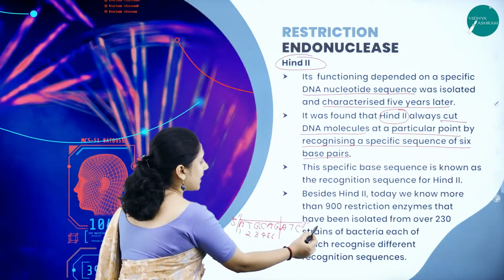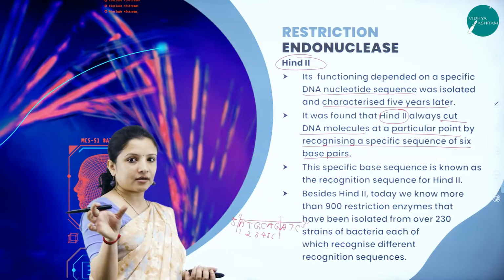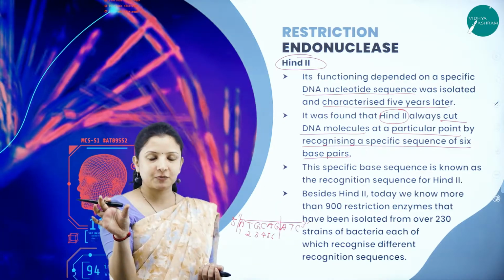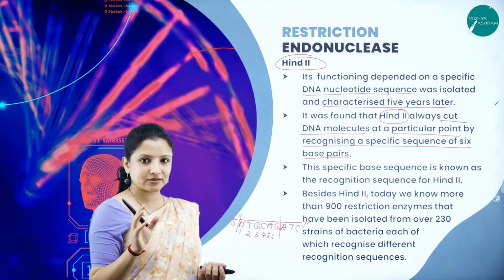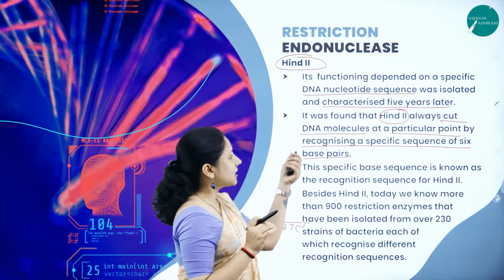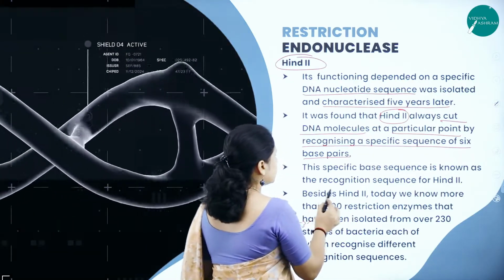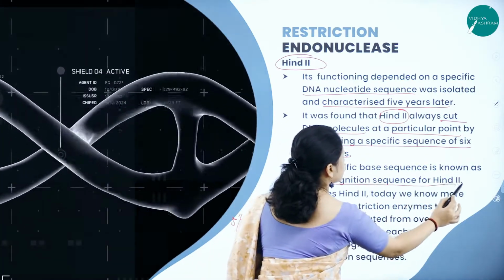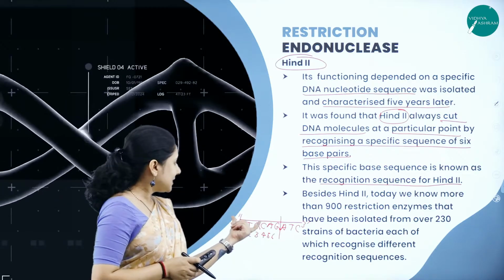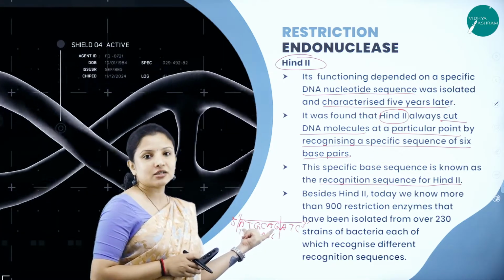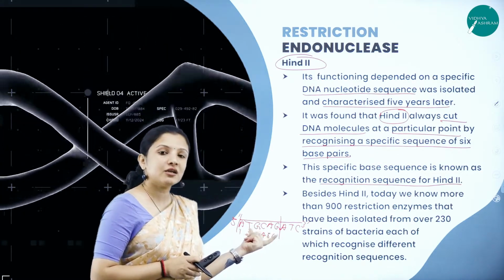Then from here, again after 6, like that, it would cut. So for every 6 base pairs, it used to cut the DNA strand. That is, HindII was capable of cutting the DNA strand. So this specific base sequence is known as the recognition sequence for HindII. Therefore, these sequences became the recognition sequences for HindII. Which sequences?